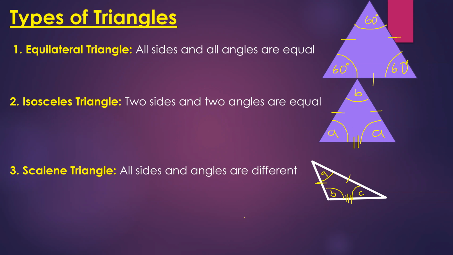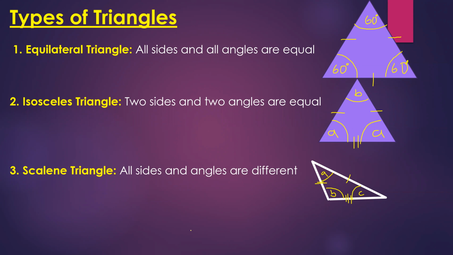All right, so with that being said, let's review the 3 types of triangles. Go ahead, Alasia. What are the 3 types of triangles? Equilateral, isosceles, and scalene. Very good. Alicia Brown, what is an equilateral triangle? An equilateral triangle is a triangle where all sides and all angles are equal.